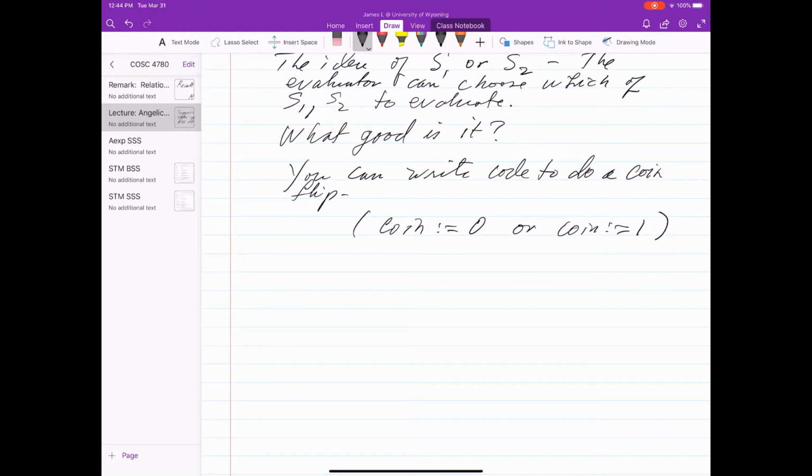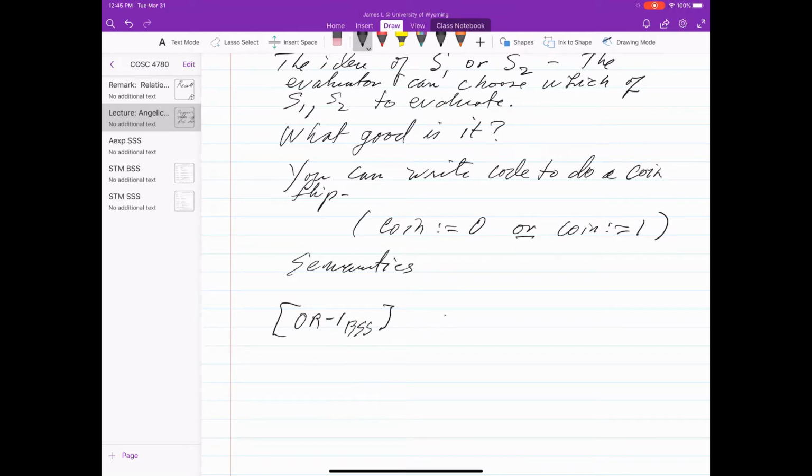So, what do the big step semantics of this OR operator look like? We have two rules. We have OR1, which is a big step semantic rule.